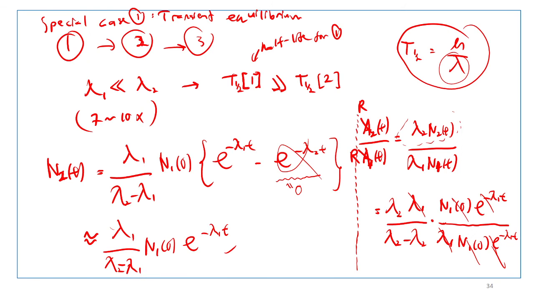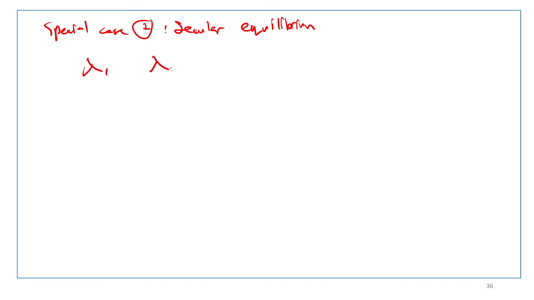The second special case, special case number 2, is called secular equilibrium. This occurs when the daughter nuclide has a far bigger decay constant than the parent nuclide.